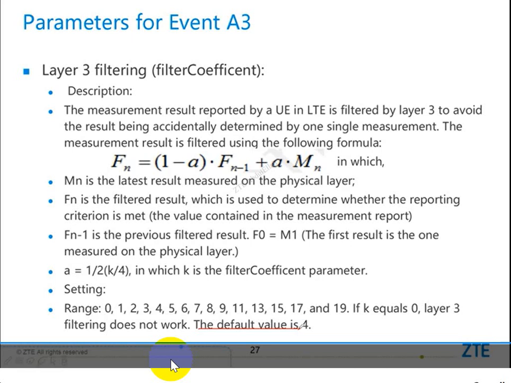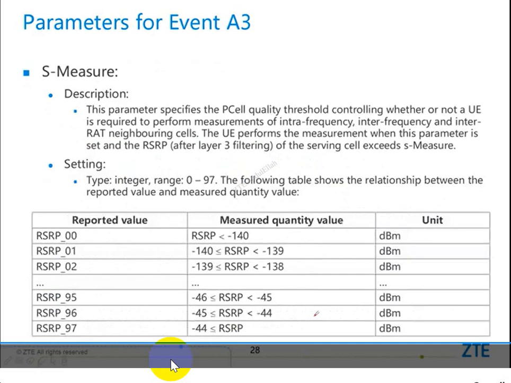If this value increases, the result is closer to the real value, but it will cause longer delay. If this value is too small, the delay is shorter, but the result may not be close to the real value, and it may cause handover failure. So the default value is 4.